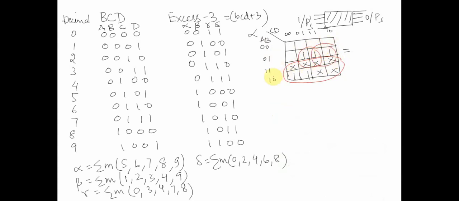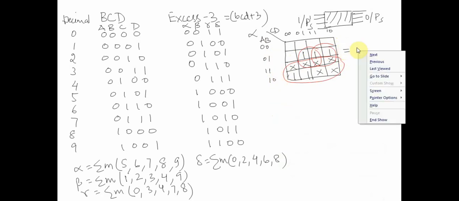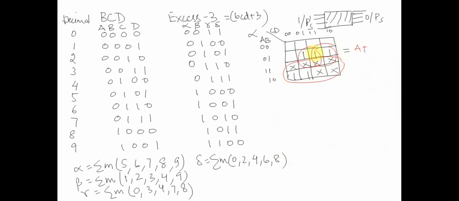So this would be equal to A, plus, here B is constant and D is constant, so BD. How about this? Here B is constant, and from here to here C is constant, so plus BC. So if I say my alpha is equal to A plus BD plus BC, and I do this implementation, I will get alpha as an output, which is the XS3 output.